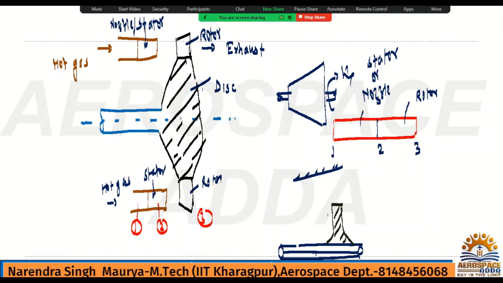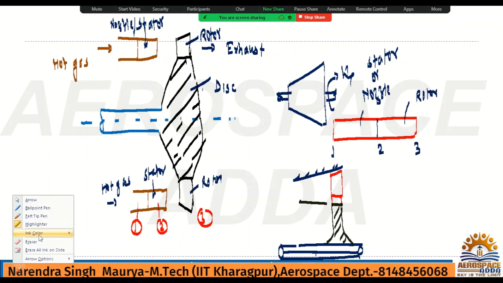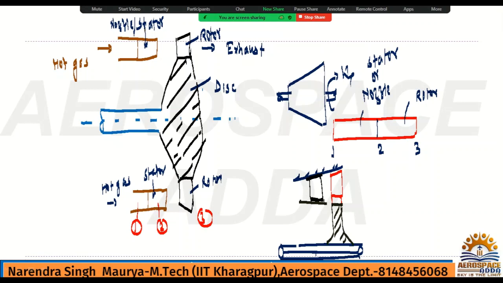All right, and this is the rotor, and this is the stator.